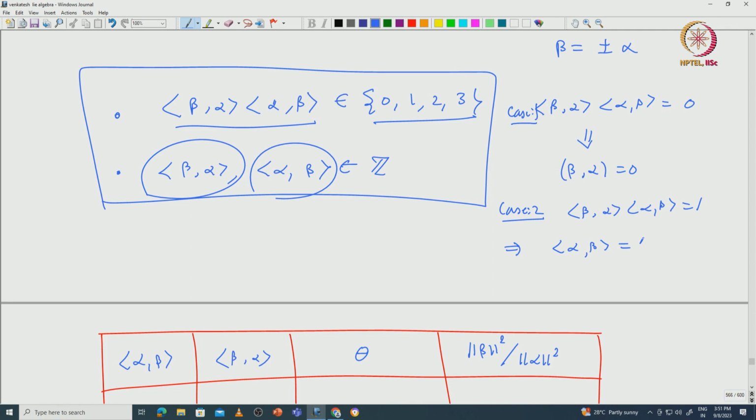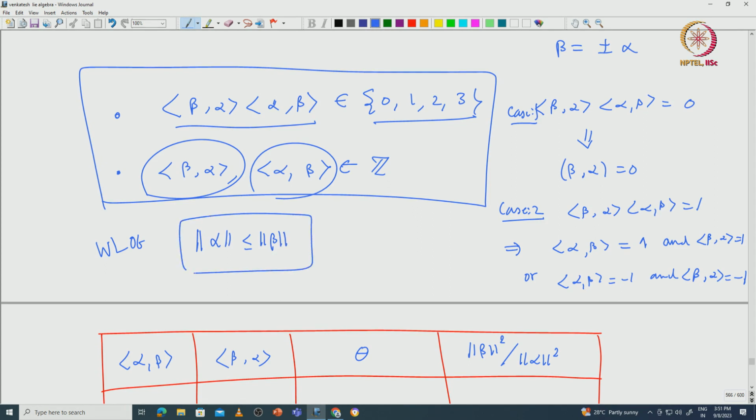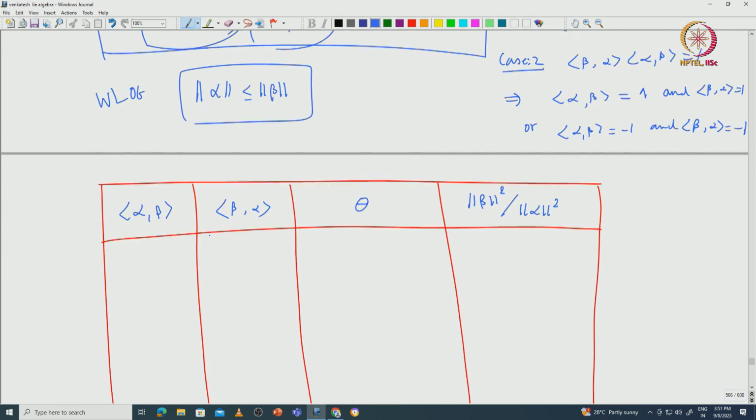So, we can assume this is 1 and the angle beta alpha is also 1, or the angle alpha beta is minus 1 and the angle beta alpha is minus 1. Without loss of generality, one can assume that the norm of alpha is smaller than the norm of beta, because we have only two vectors alpha and beta. We can just compare their norms and assume one is smaller than the other. Now using this information we can start filling this table.